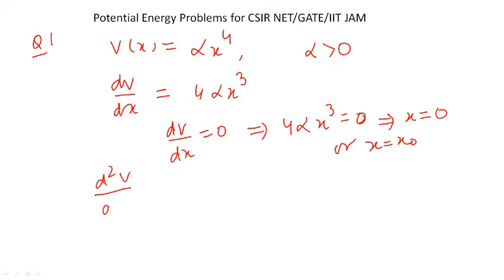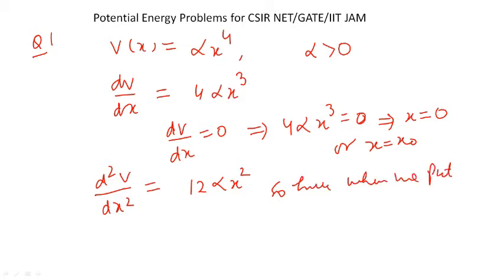Now we will find d2V over dx2. It comes out to be 12 alpha x square. So when we put x equal to 0, you see that d2V over dx2 is equal to 0. So now we will find the higher derivatives where n is an even term.